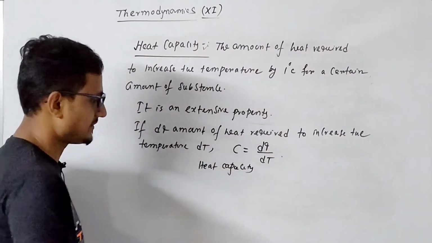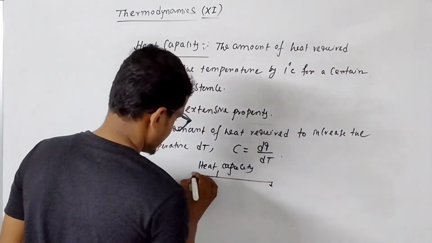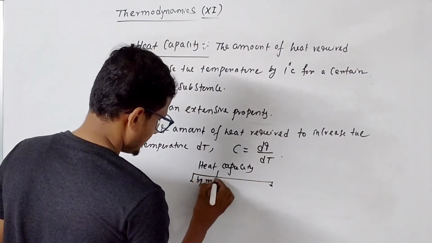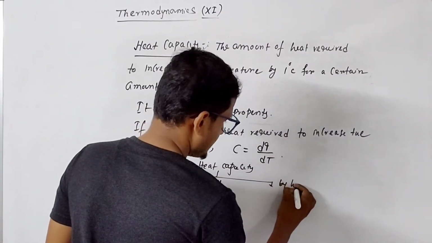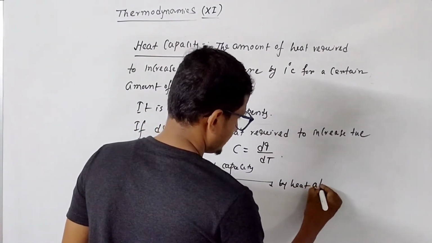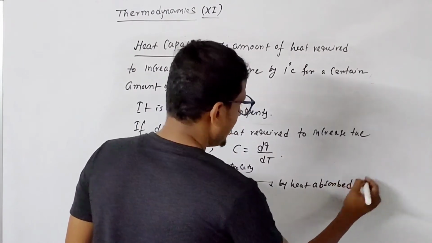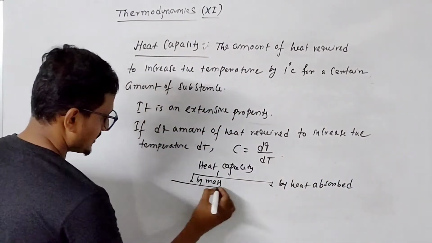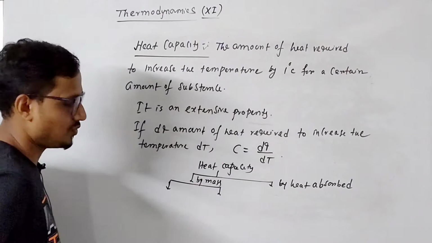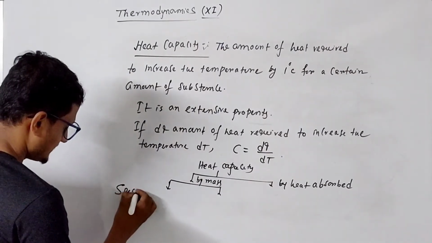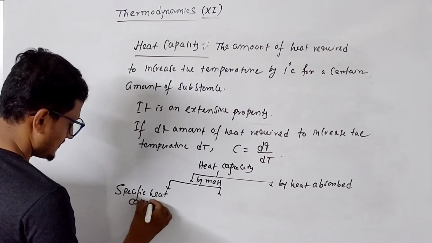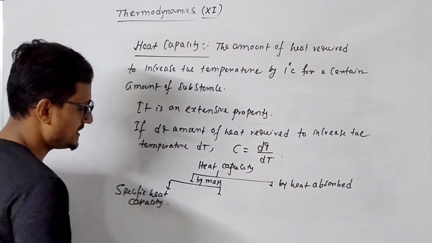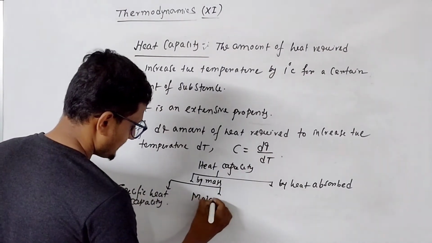We can classify the heat capacity first by mass, and by heat absorbed. So by mass, heat capacity is of two types. One is specific heat capacity, number two is molar heat capacity.